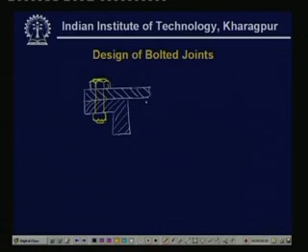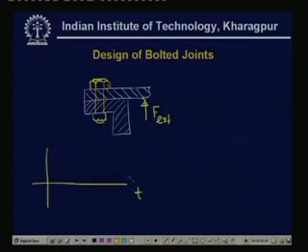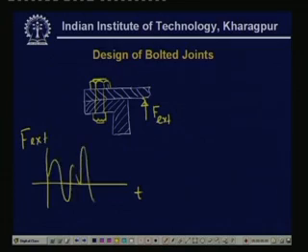And here the loading is, let us say, F external, the external load, and that is fluctuating in nature. F external is something like this, fluctuating a little.